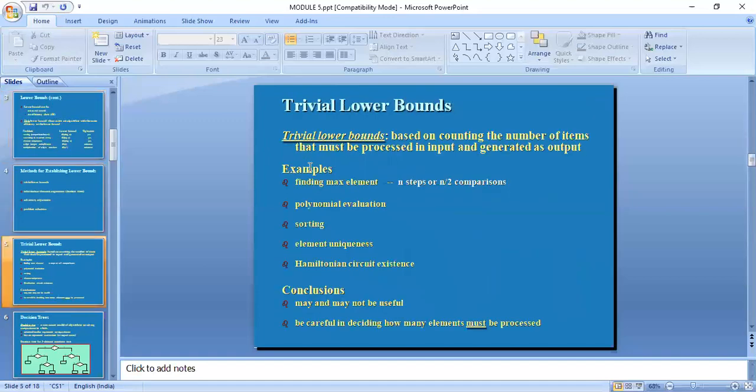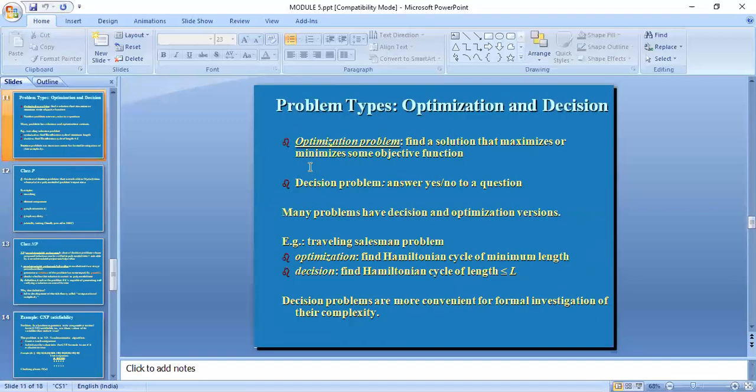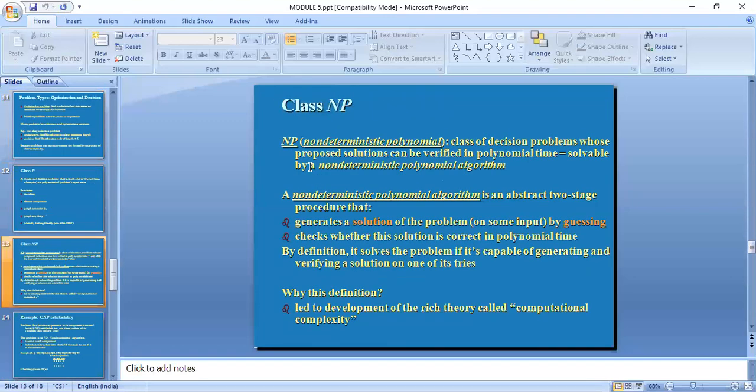Whenever we go for a decision problem, when a problem is given, we have to see whether it is NP-complete, that is, whether it is as hard as any problem in NP. We consider P as a subset of NP, and we see whether the decision problem is in NP or not.